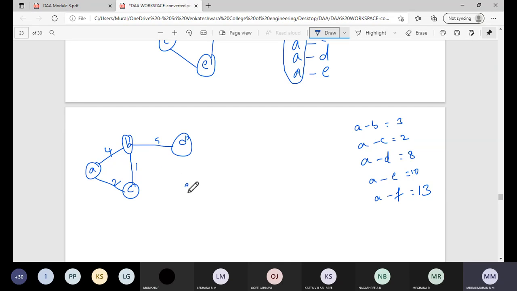Next here E, and the cost of C to E is 10, and C to D is 8. Here D to E is 2, and here we are having F, and here it is 6, and here it is 3, right? So this is the graph which I gave in the previous class.